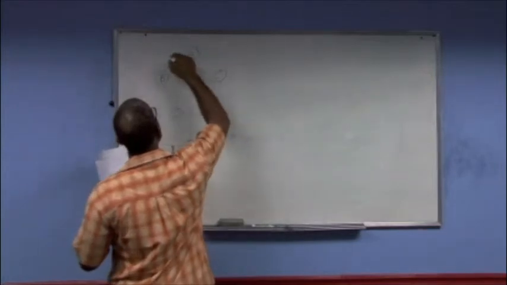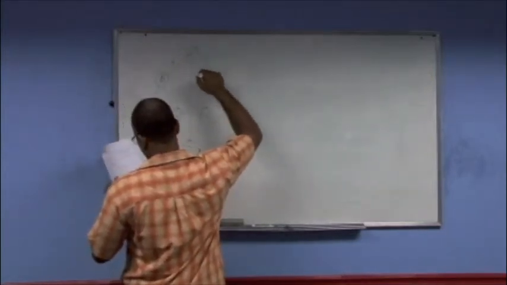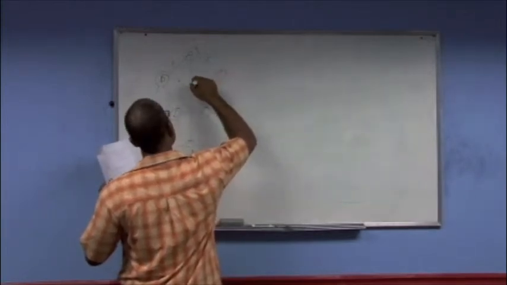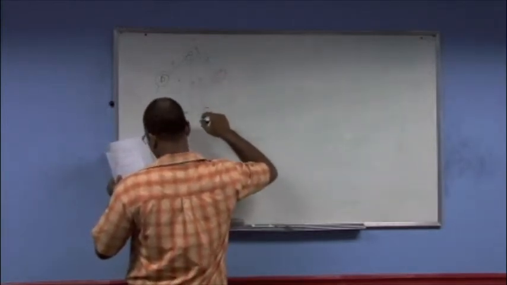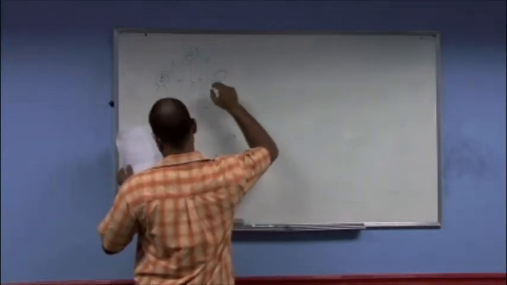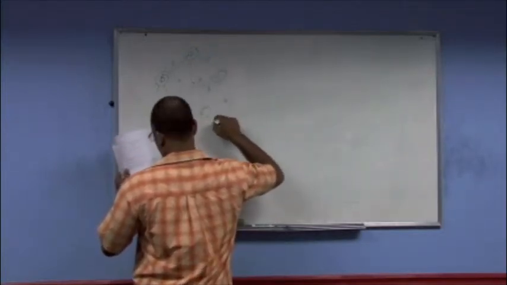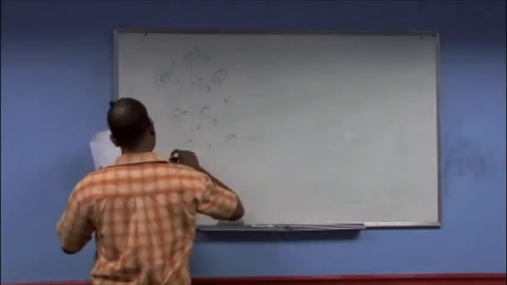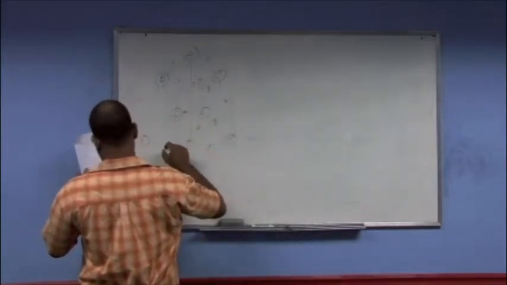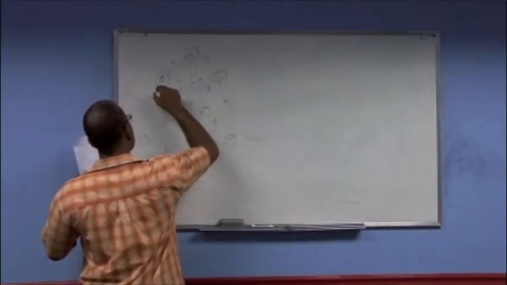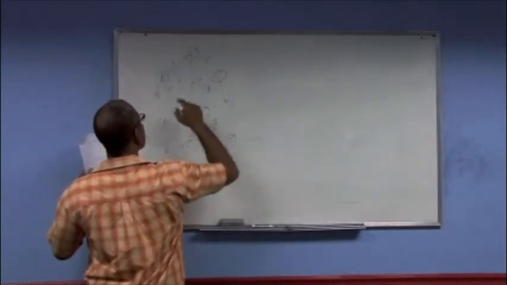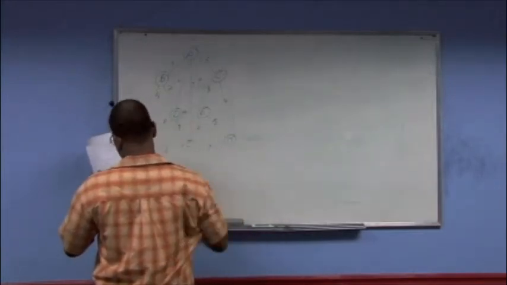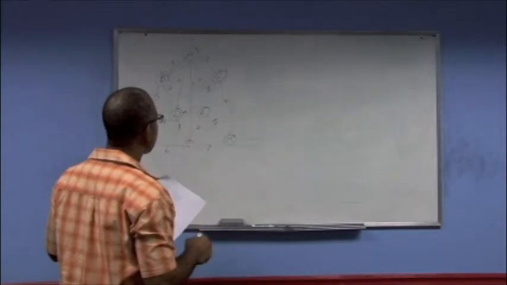So we have 3, 5, 4, 4, 7, 2, 4, 3, 5, 2, 7, 6 here, 4 here, 5 here, 2, and D to G has a weight of 3. And that's our graph.